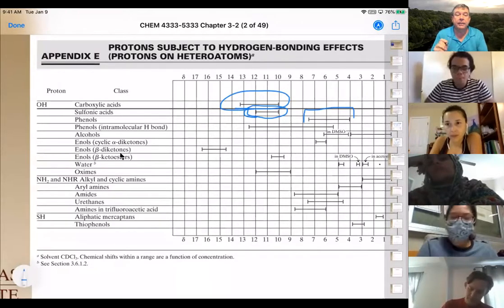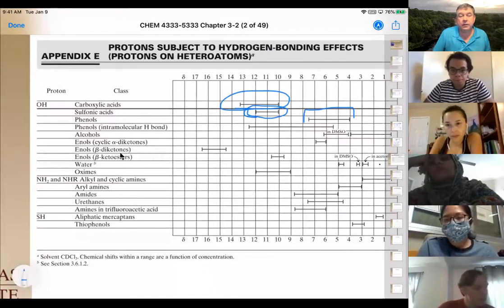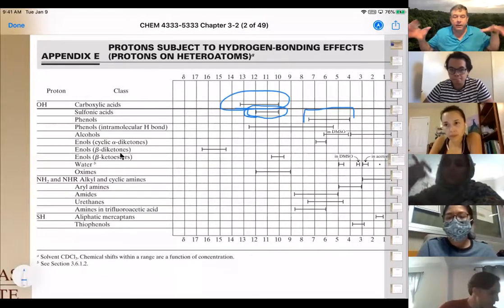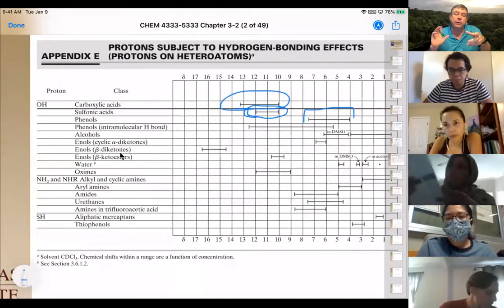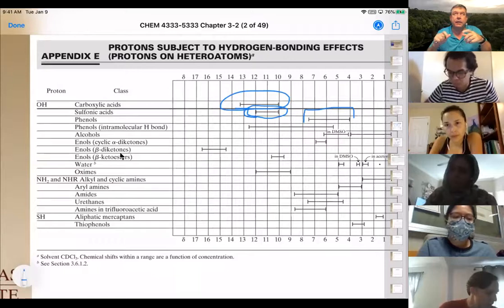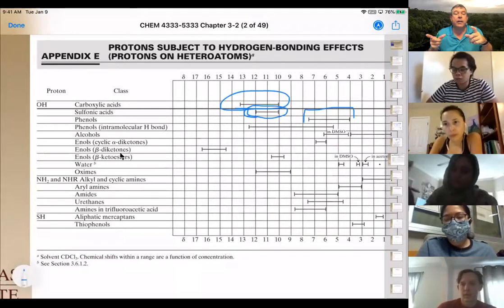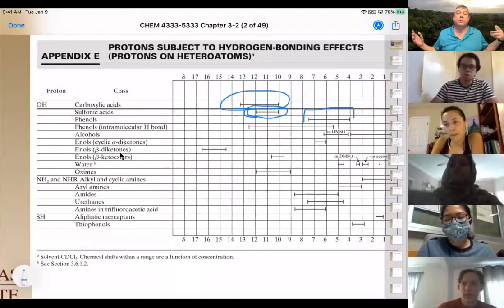In addition to that, if you use a concentrated solution, or if you have a complex like in salicylic acid, where you can actually hydrogen bond within the phenol and some other group attached to it, that can broaden it out even more.